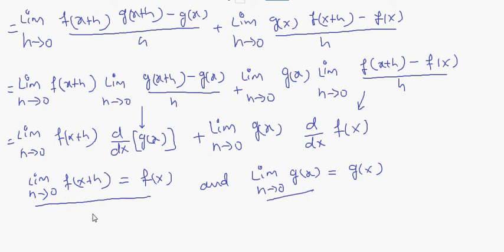you get f of x times the derivative of the second function g of x, plus g of x, which is the second function, times the derivative of the first function.